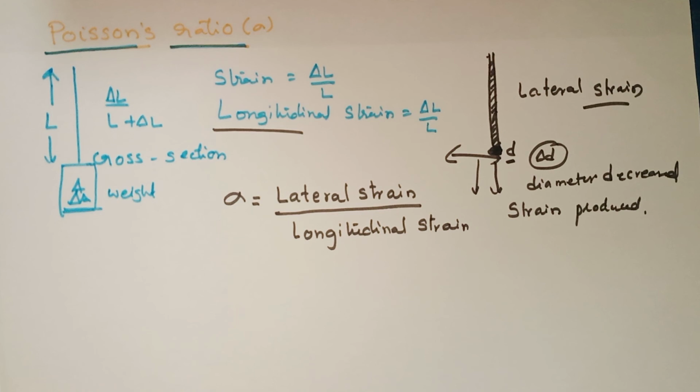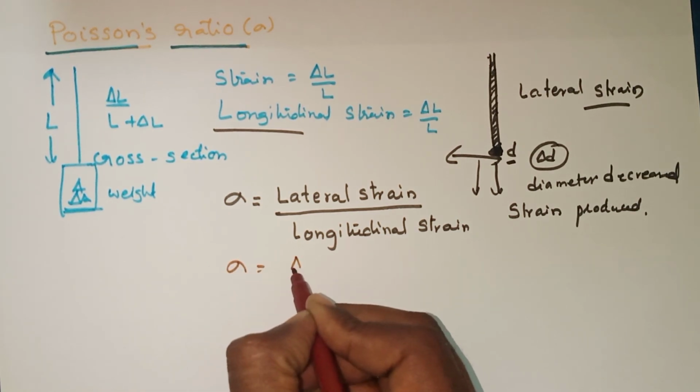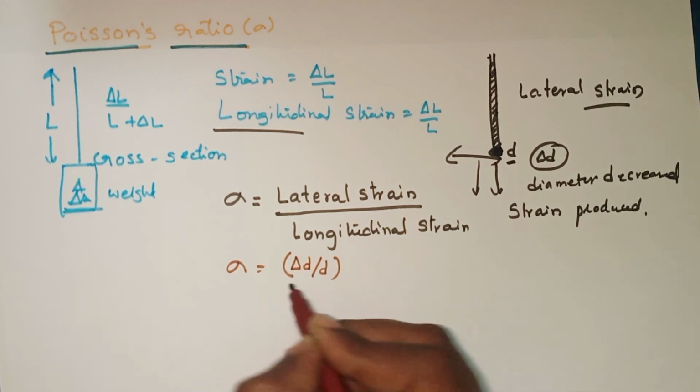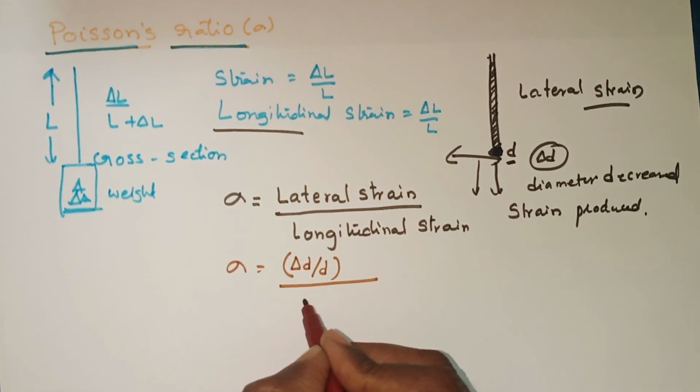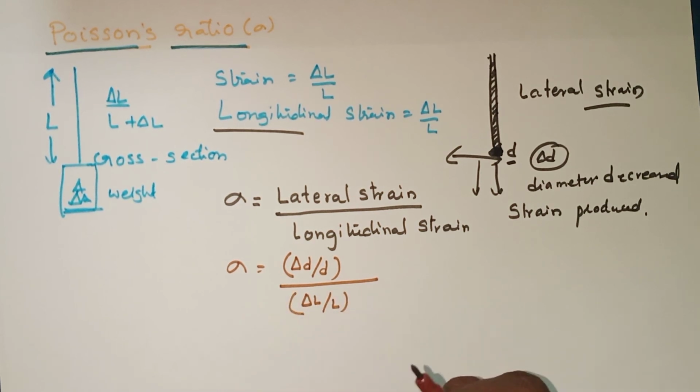So sigma is equal to the lateral strain, delta D, change in diameter by original diameter, by the longitudinal strain, change in length by original length.